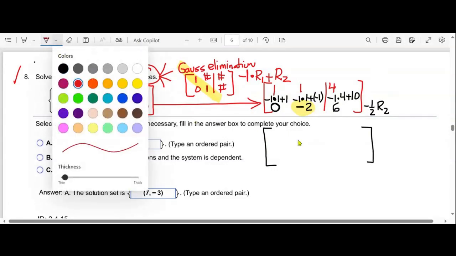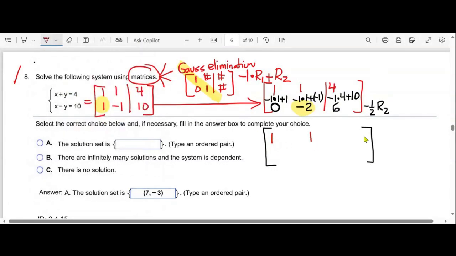So let's do this. Did I change anything in row 1? No, it stayed the same. Now let me put the numbers down. -1/2 times 0 is 0. -1/2 times -2 gives 1.